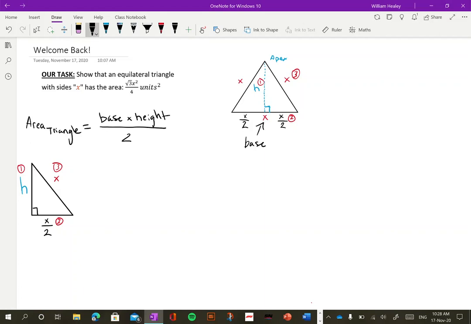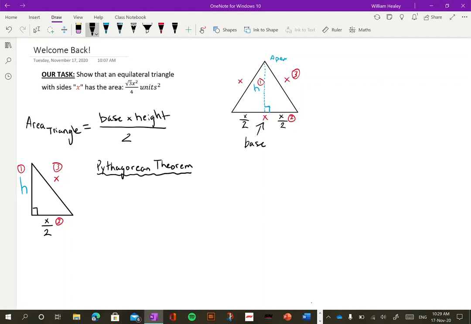Okay, at this point, we need to think about how we find the height of the triangle. A really good way to find the height of the triangle is by using trigonometry, or even if we focus in on using the Pythagorean theorem. The Pythagorean theorem is a formula that talks about the relationship between the three sides of a right triangle.